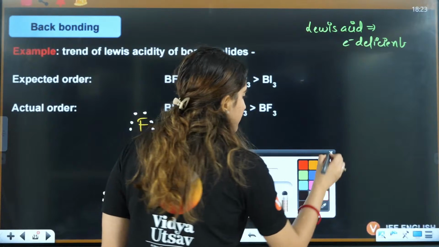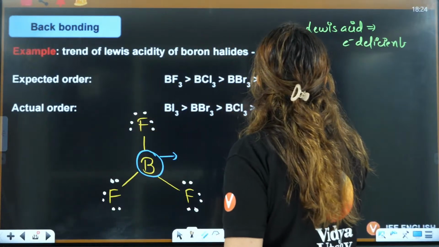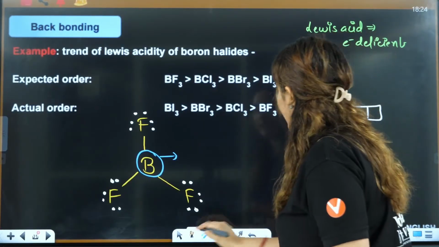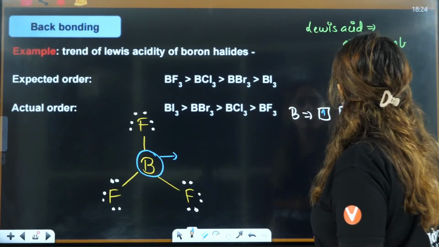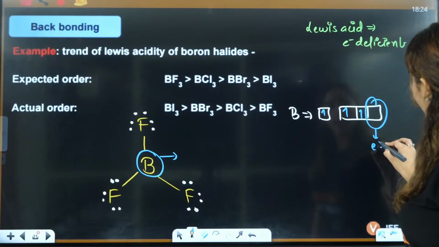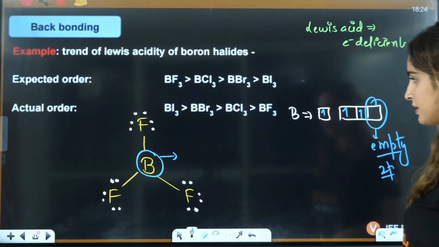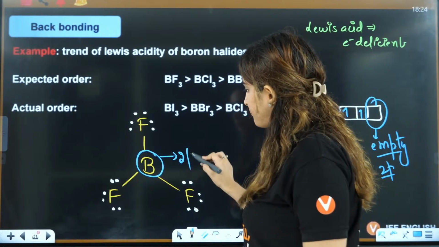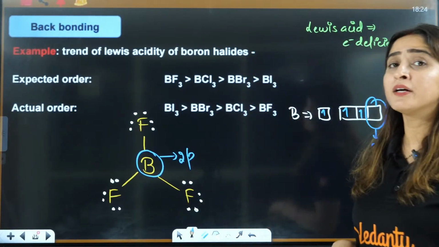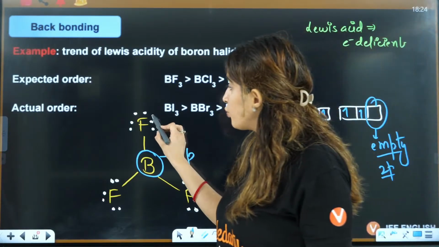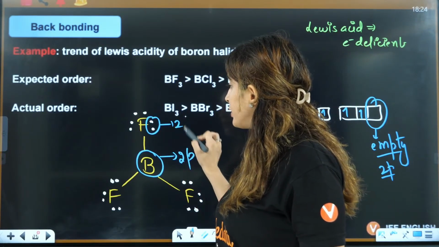How does boron have vacant orbitals? Boron has 2s and 2p. In the excited state, it is 1, 2, 3. So this is the empty 2p orbital. Lone pairs of fluorine, if you write the electronic configuration, that is also in 2p. These lone pairs are also in 2p.